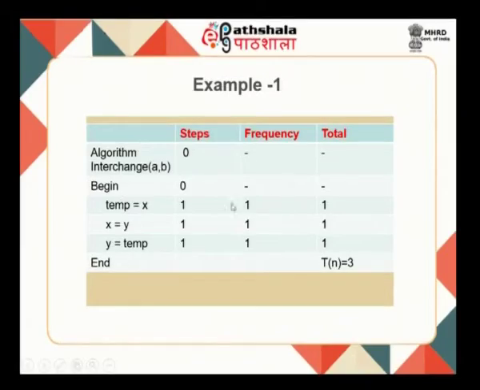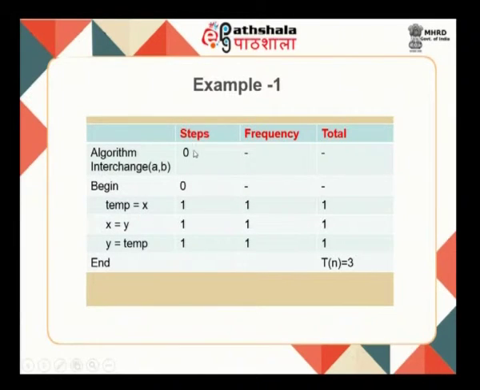Fine. I am taking one simplest example, and let me demonstrate how this step count is carried out. I am trying to interchange two numbers. So, this is the algorithm interchange a comma b. You can see very well I am carrying out certain tasks for interchanging the values of these two variables.